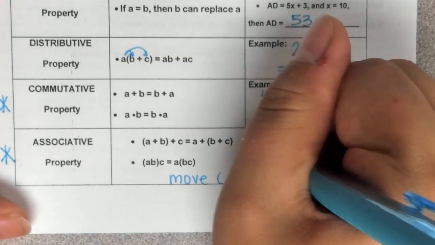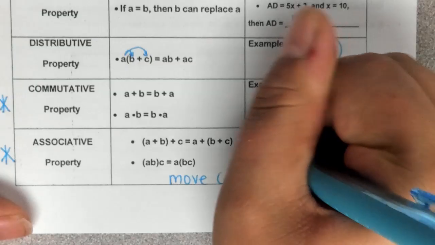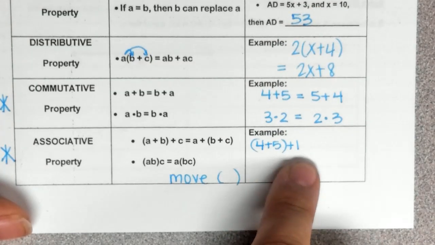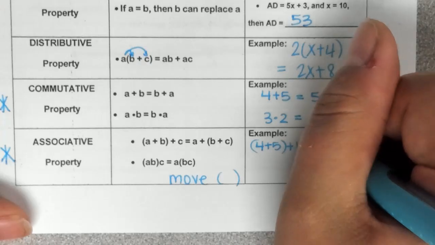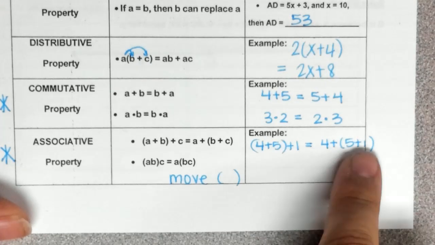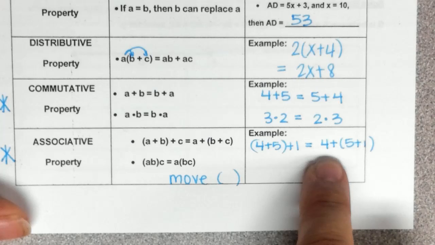So this would be like (4 plus 5) plus 1. What's 4 plus 5? Plus 1? That is the same thing as 4 plus (5 plus 1). What's 5 plus 1? Plus 4.